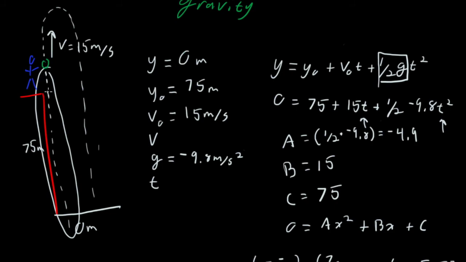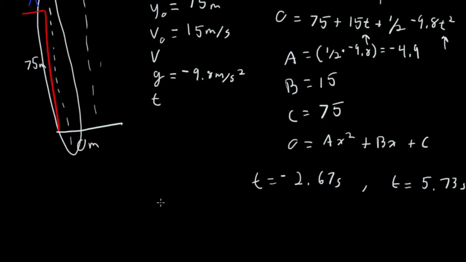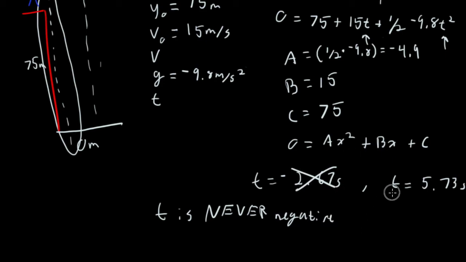So that is not correct. We can never have a negative value for time. So t is never negative. So we can cross that out. We're not going to have a negative time. So we're left with a positive 5.73.